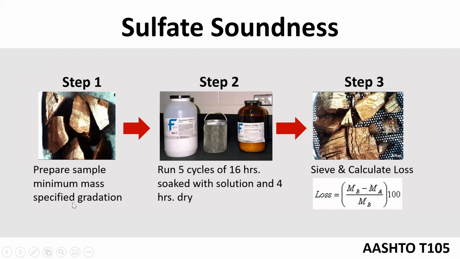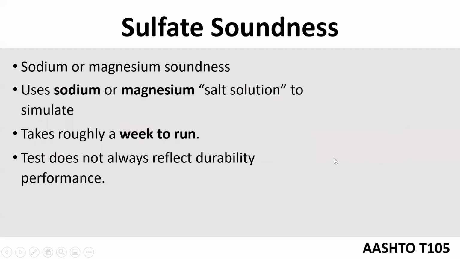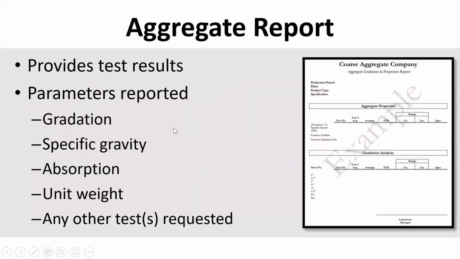So you prepare your sample with a specific gradation. You run 5 cycles of 6 hours soaked in solution and 4 hours of it being air dried. You go through all these cycles, and then you re-sieve it and calculate your loss, and that kind of figures it out.